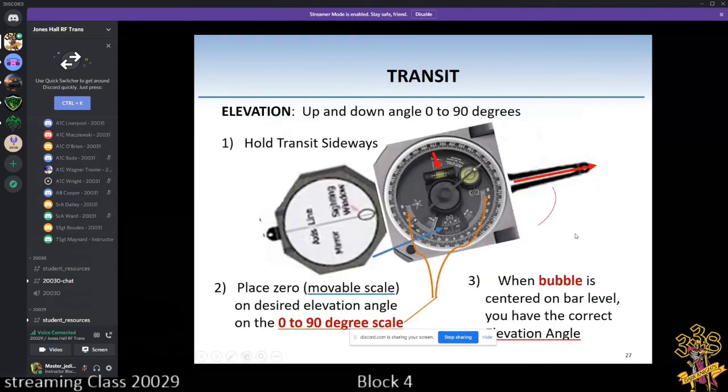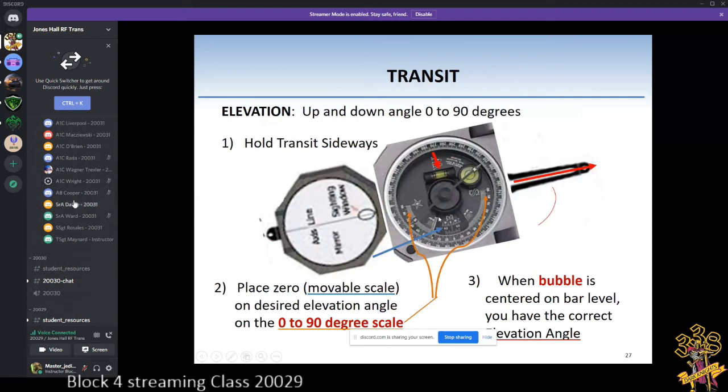Elevation's a little more difficult because you're going to have to hold the transit sideways, and you're going to use this bar level. Inside the transit, you have this inner scale that goes from 90, 0, back up to 90.